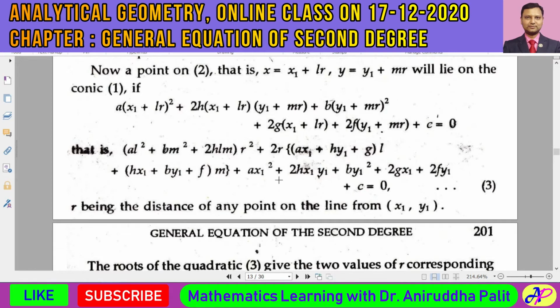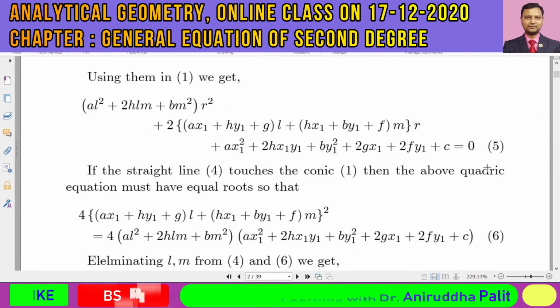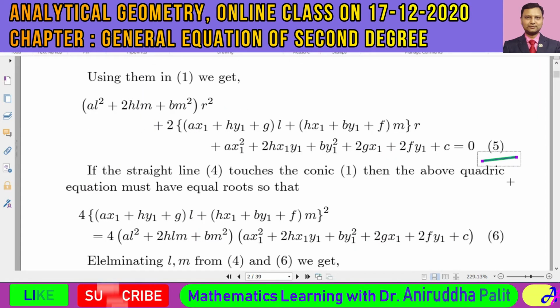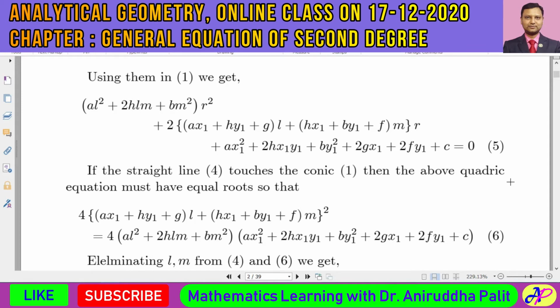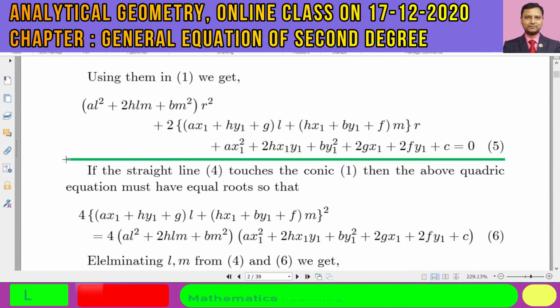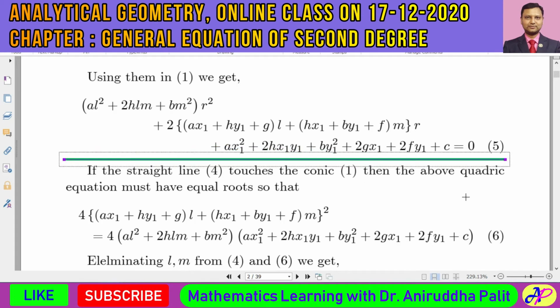I'm writing the same equation over here. This is the equation number 5. So if by chance R1 and R2 become equal, then what shall we have? The discriminant of this equation must be equal to 0. B square minus 4AC must be equal to 0.